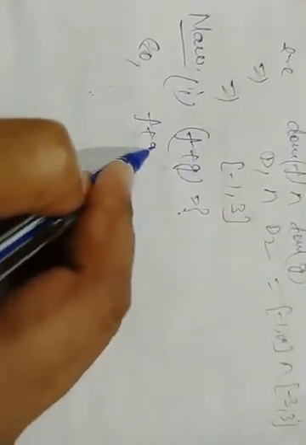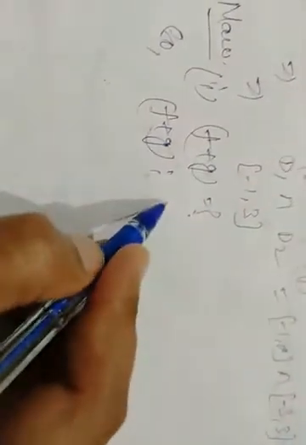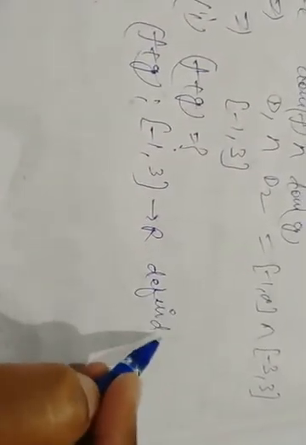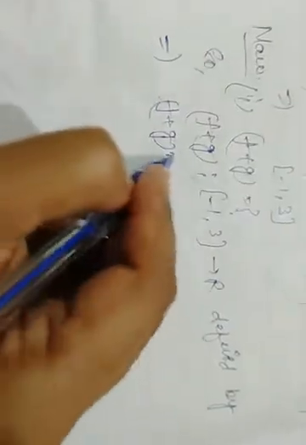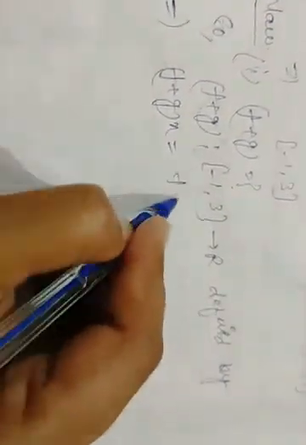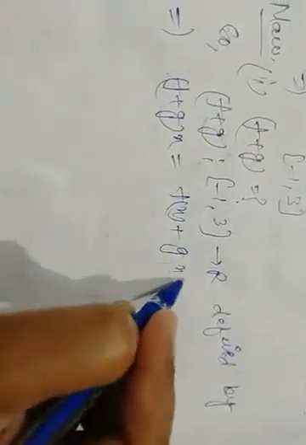So f plus g such that from minus 1 to 3 tends to R is defined by (f plus g)(x) is equal to f(x) plus g(x).